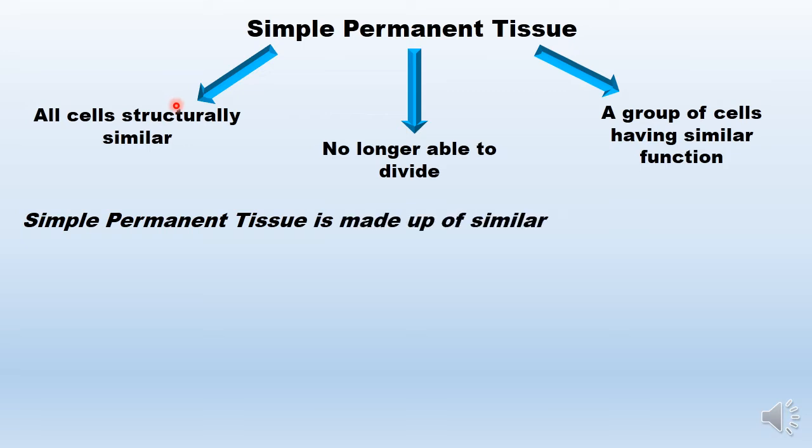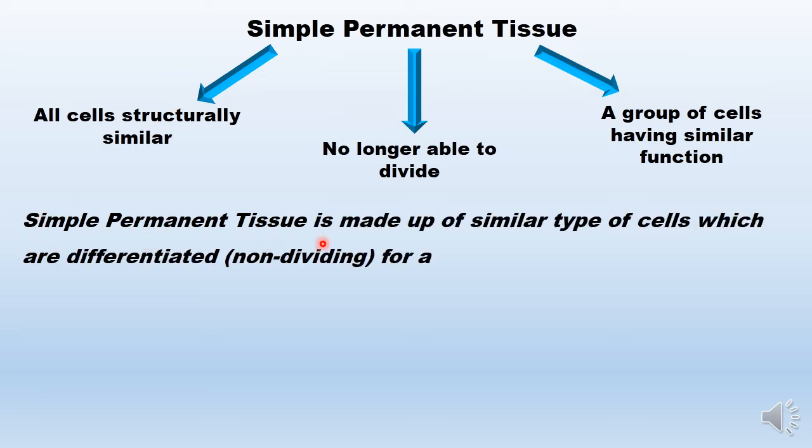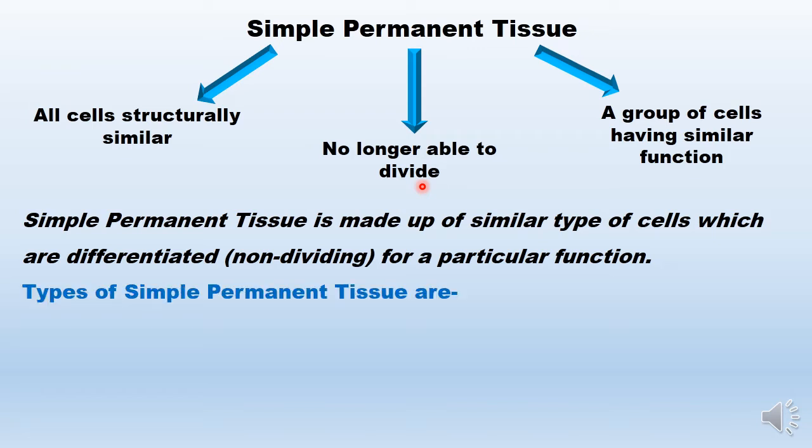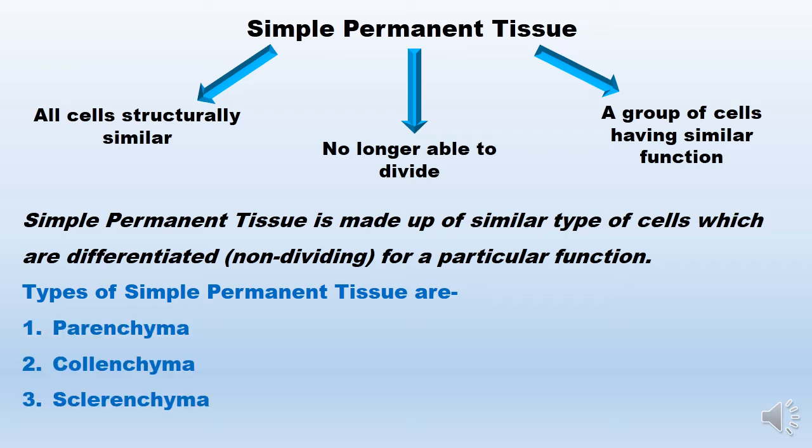Well, we can conclude that simple permanent tissue is made up of similar type of cells which are differentiated for a particular function. This differentiation part indicates that they are not going to divide anymore because they have taken a permanent function and structure. So, types of simple permanent tissue are parenchyma, collenchyma and sclerenchyma.